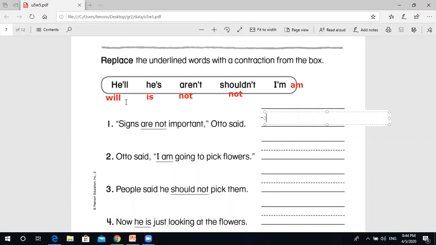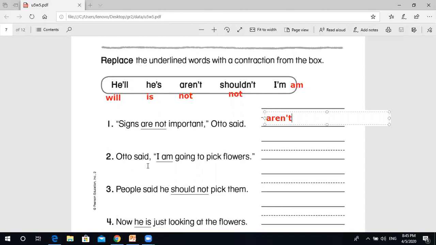Which one is the correct one here? Which one has the short way with an apostrophe? It's going to be aren't. So remove the letter O and replace it with the apostrophe.